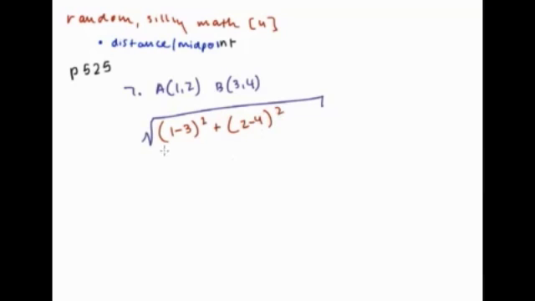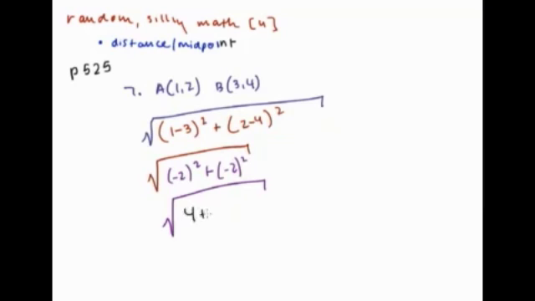And really, we don't really need the absolute value, right? Because what happens when we do this? Say that we just leave this as parentheses -2 squared plus -2 squared. Well, it's still going to be positive, isn't it? So there's really nothing to worry about. It's just going to be 4 plus 4. That's √8, and that's 4√2. So 4√2 is our answer here.